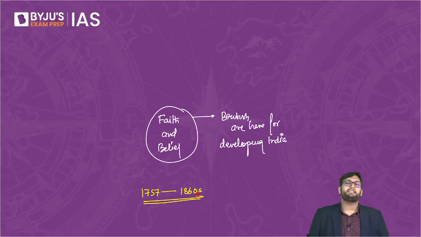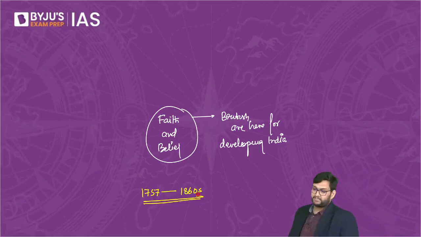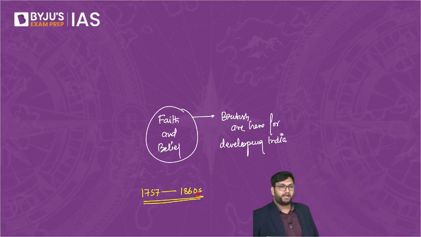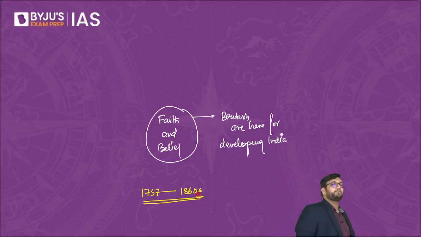But by the 1860s, people start to realize nothing is happening. But the problem was how to articulate it, how to actually understand it, and how to present it in such a way that people could understand it.